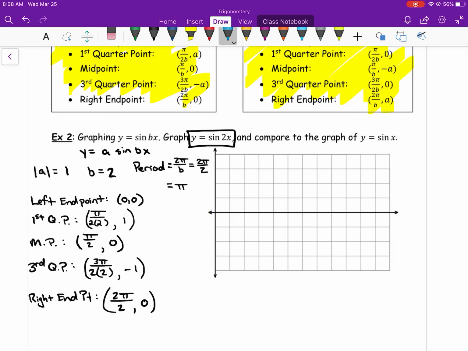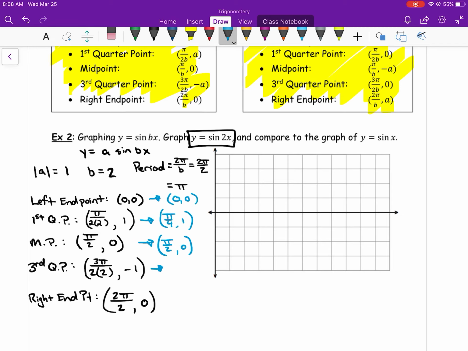Alright, so that's all done. So now let's simplify. So we get 0, 0. I'll just rewrite it in blue to show that's what we're graphing. No changes there. I have pi over 2 times 2, so pi over 4, comma 1. No changes for my midpoint, so pi over 2, comma 0.